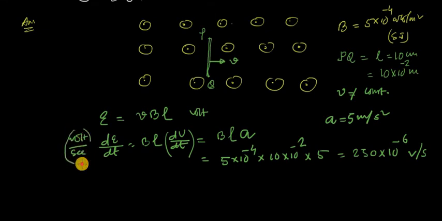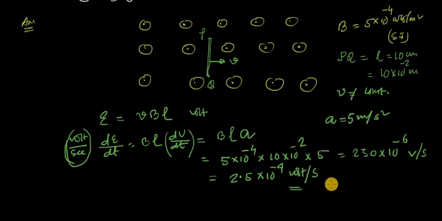So unit of dE/dt is volt per second. So this is 2.5 times 10 to the power minus 4 volt per second, and this is our answer.